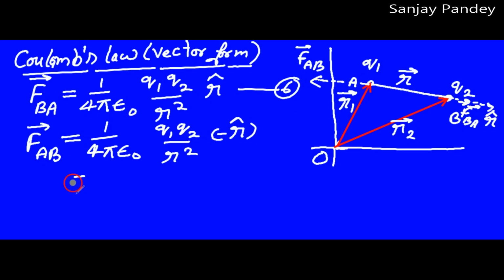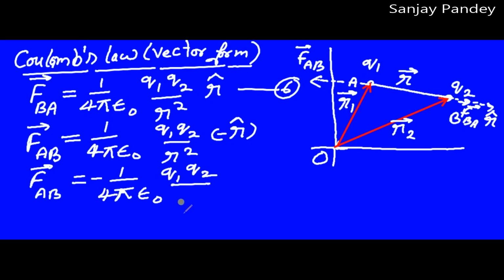That is, F AB will be equal to minus 1 upon 4 pi epsilon naught Q1 Q2 upon r square into r cap.